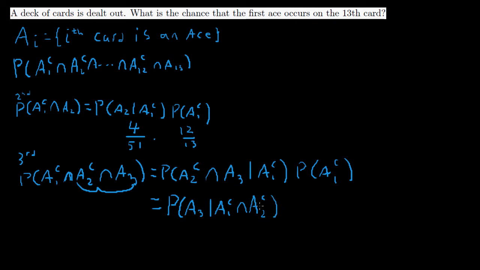Now we have to take out this, so we have the probability of A2 complement given A1 complement times the probability of A1 complement.